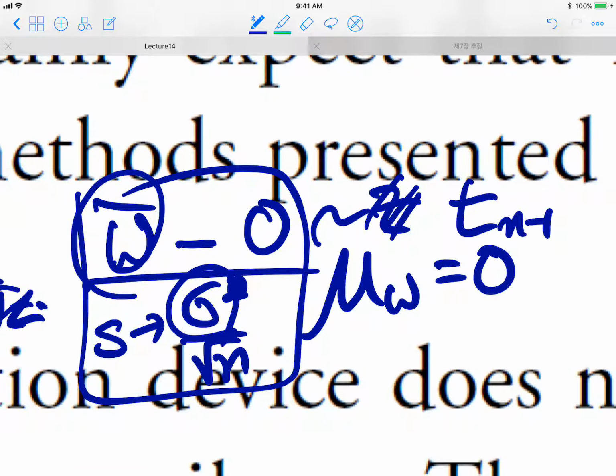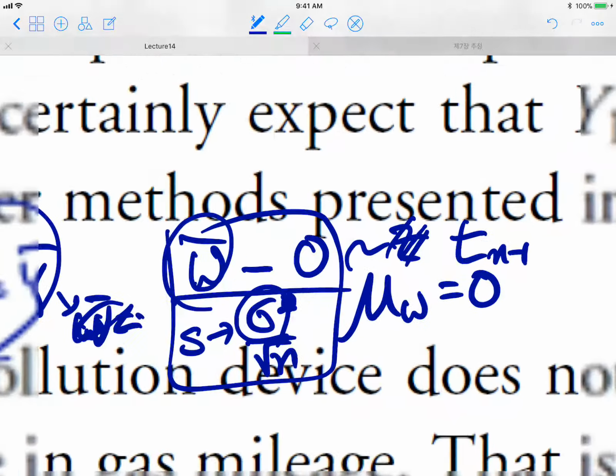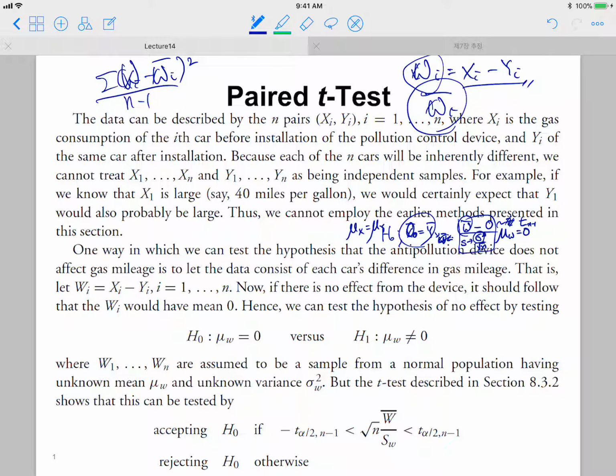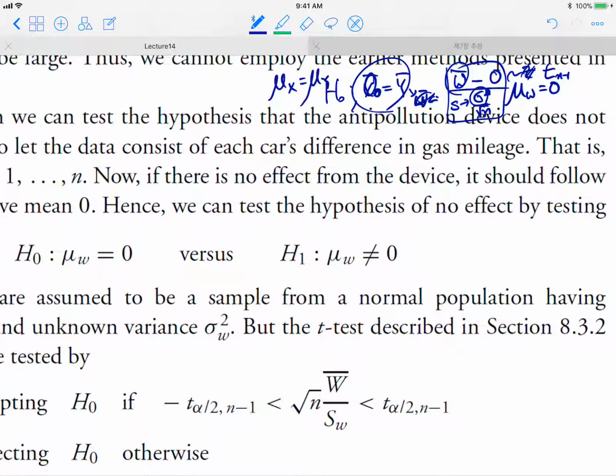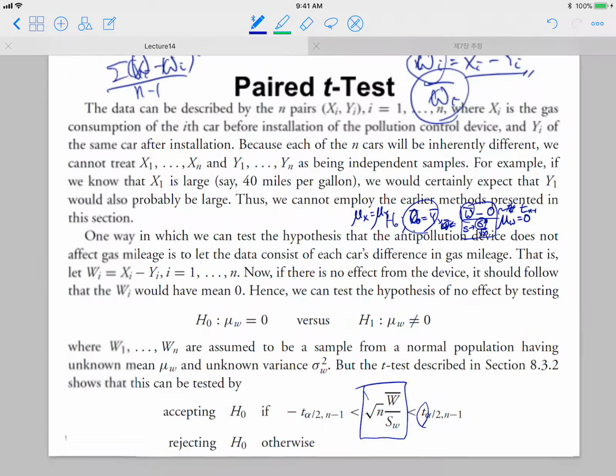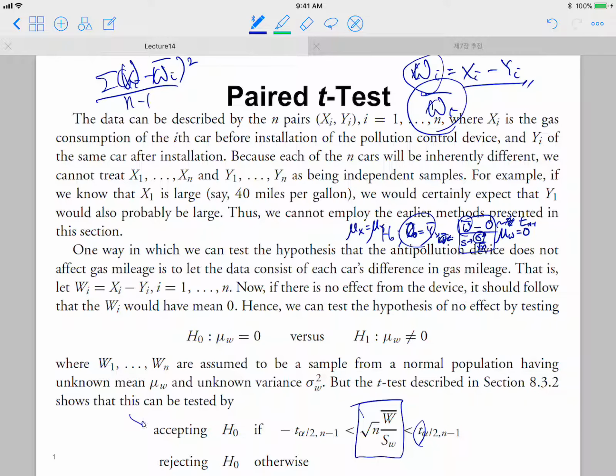So if we had 10 people, then the degree of freedom will be 9. Okay, so that will be our test statistic. Then we apply it to this t distribution, and then we either accept or reject the null hypothesis.